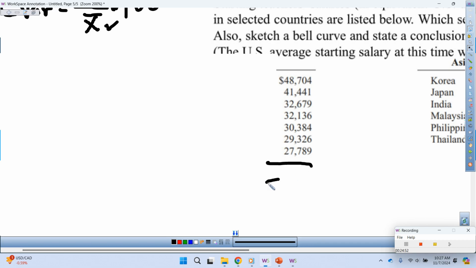So she said you add it, and then divide by the number of numbers. So 1, 2, 3, 4, 5, 6, 7. Okay. And what is that called? The mean. That is correct. So that would take care of that one.